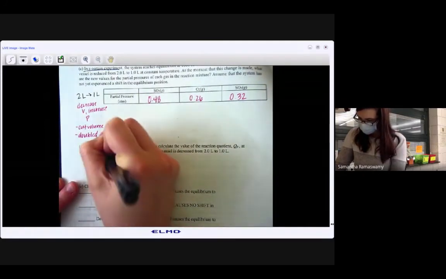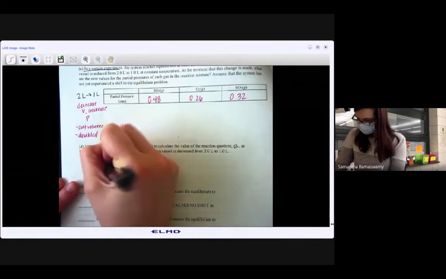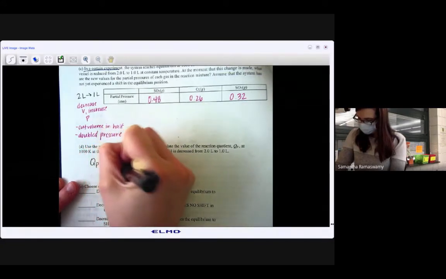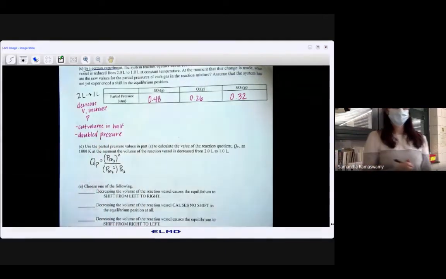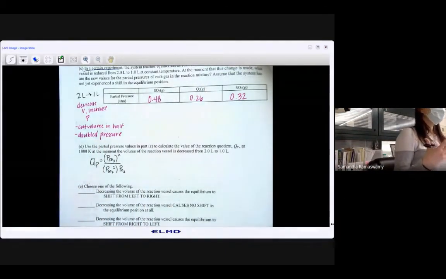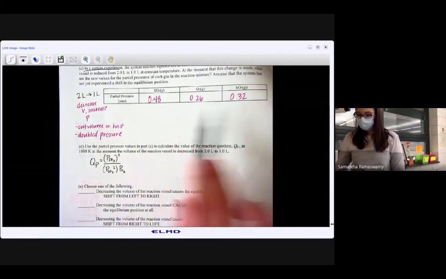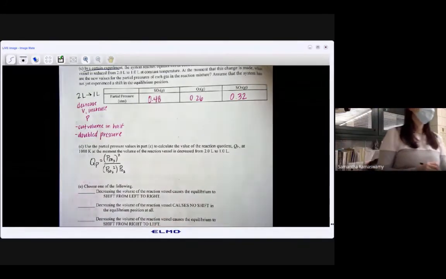That was the pressure of SO3 squared over the pressure of SO2 squared times the pressure of O2. Remember, Q is calculated the same as K. It's just now we've made a change to equilibrium, so now we're affecting Q. So use these three values, plug in, and solve for Q.